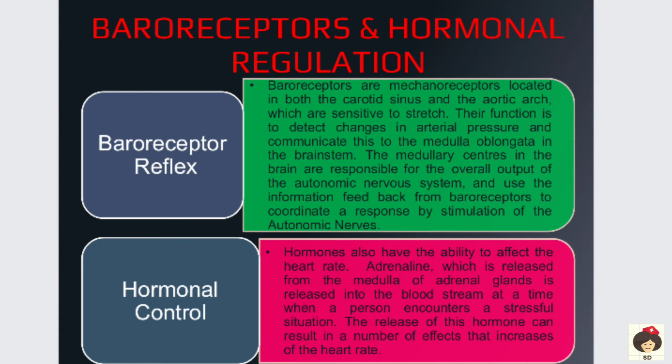From the adrenal medulla, a hormone called adrenaline is stimulated, and it is released into the bloodstream. Whenever there is any stress, this adrenaline will be released, and when released, it will cause many effects in the body, and one effect is to increase the heart rate. This is the hormonal regulation. Okay, so these are the four regulations that take place in case of pulse.